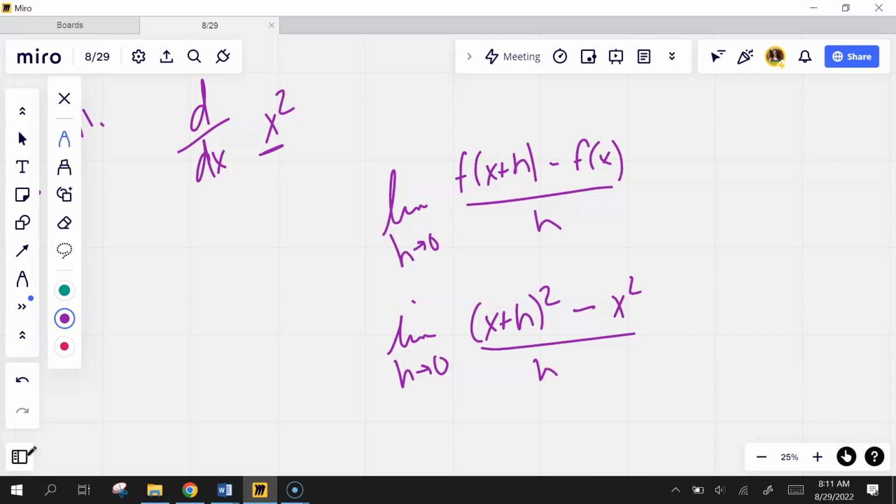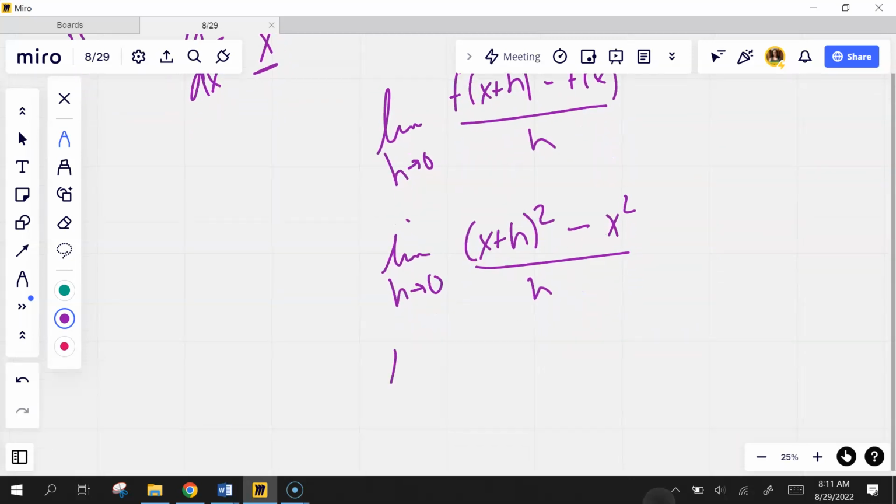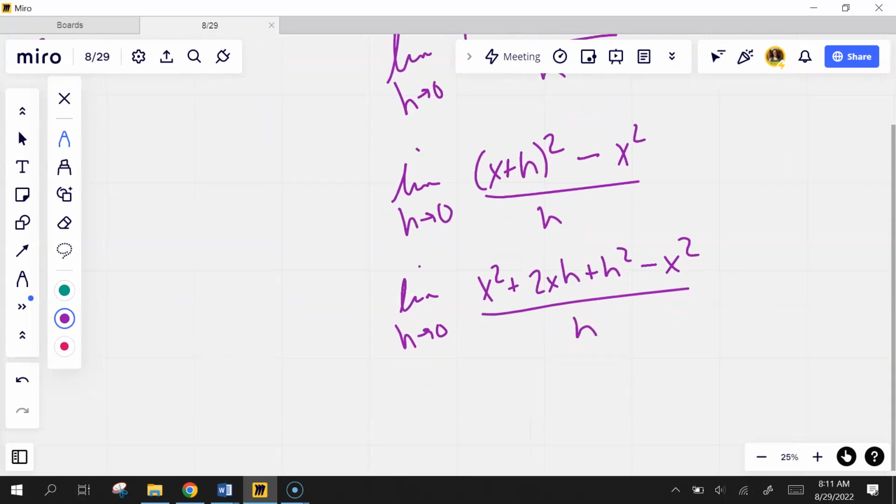All right, so now I got the limit as h goes to 0 of x squared plus 2xh plus h squared minus x squared over h.